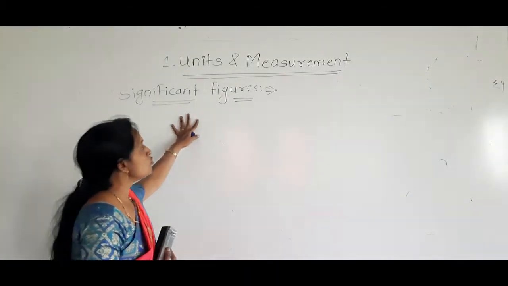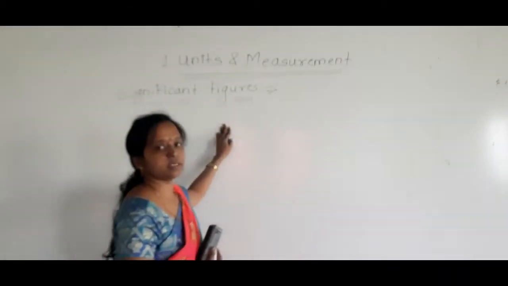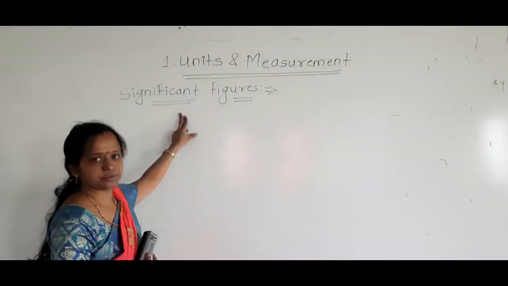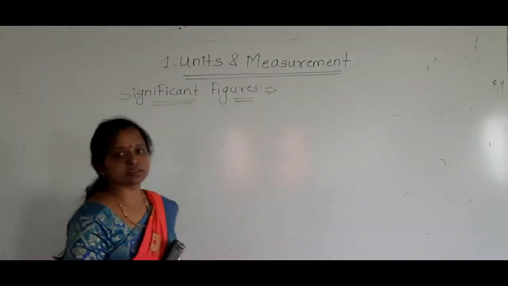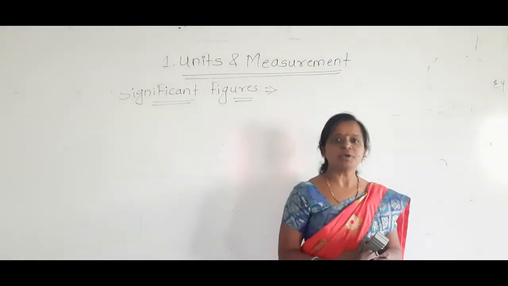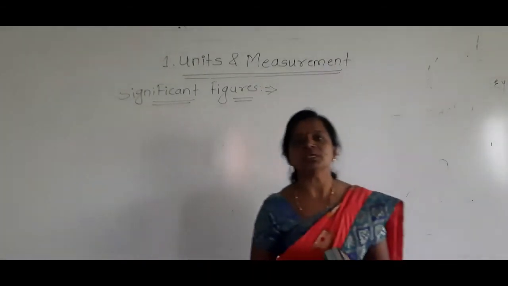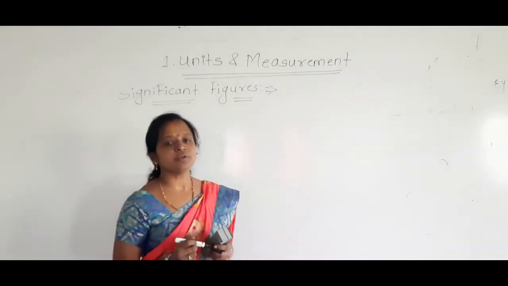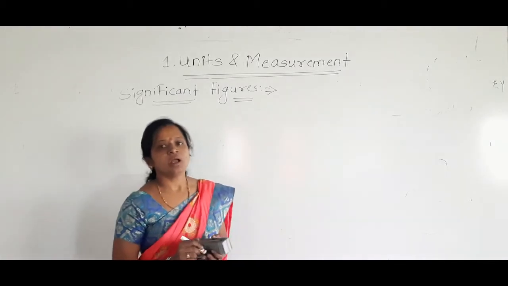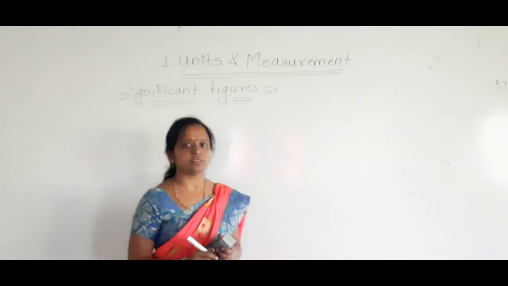It is the measured value of physical quantity, and it is the sum of reliable digits and the first uncertain digit.